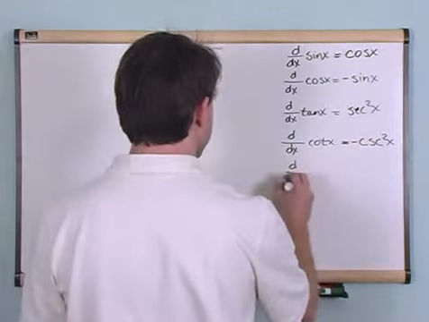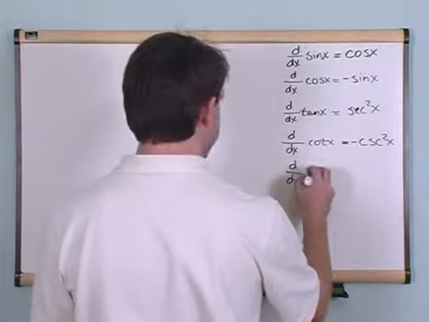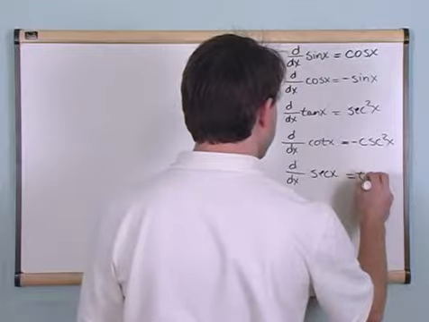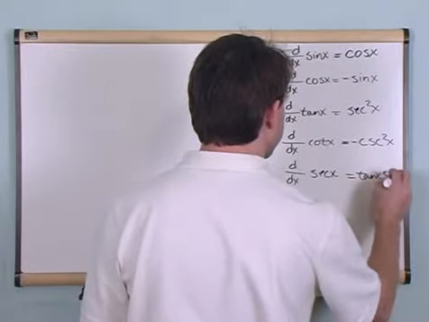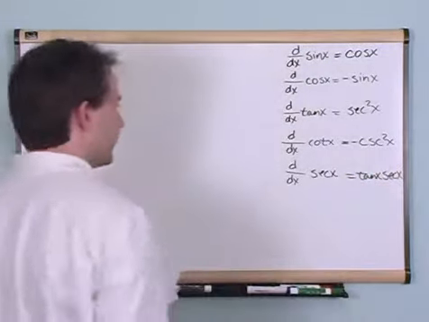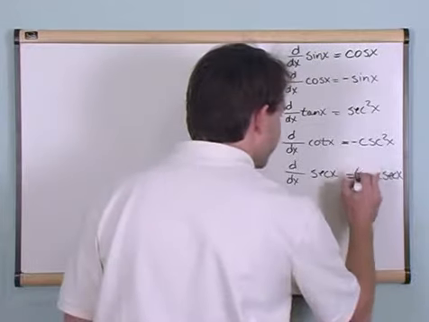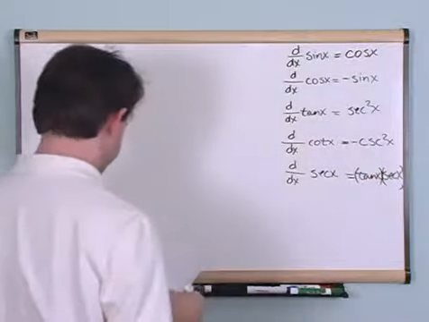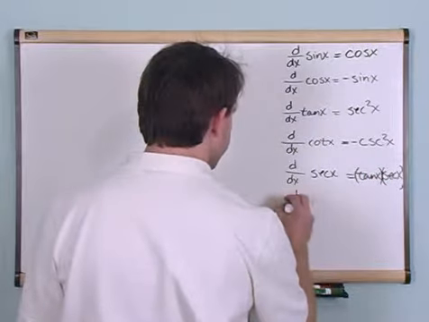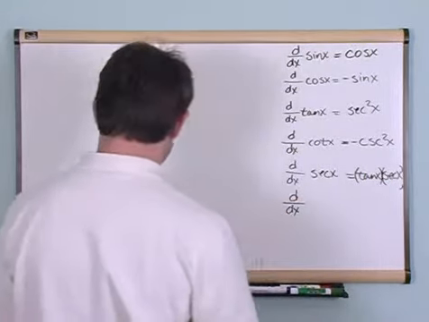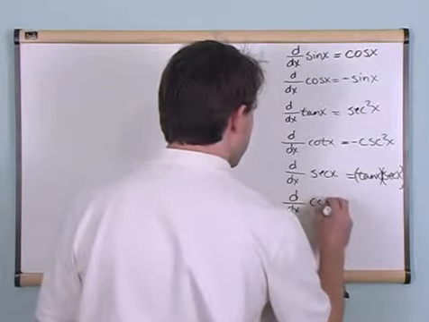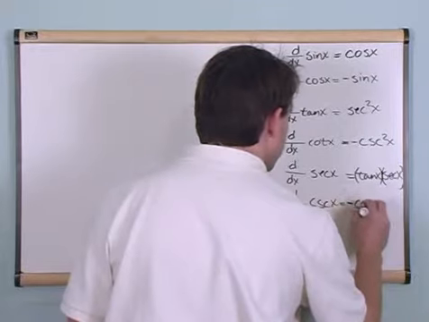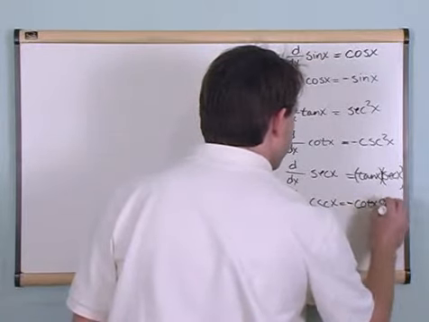And the derivative of secant is equal to tangent x times the secant of x, tangent times secant. So this is a multiplication here, tangent of x times secant of x. And then finally, the derivative of cosecant is equal to negative cotangent cosecant.